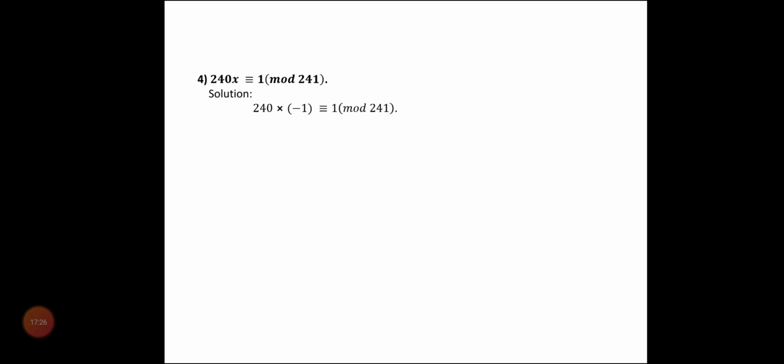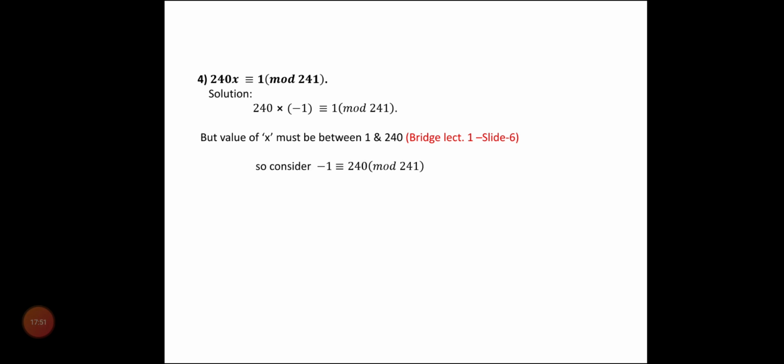So minus 240 congruent to 1 modulo 241, because minus 240 minus 1 becomes minus 241, which is divisible by 241. But now we want the positive value of x, which obviously lies between 1 and 241. Here I made a mistake. You can observe that minus 1 is congruent to 240 modulo 241, correct? And therefore here the answer is x is equal to 240.